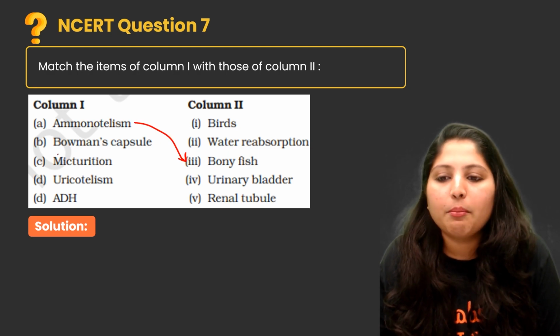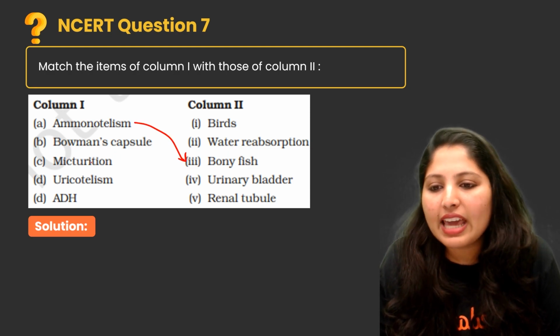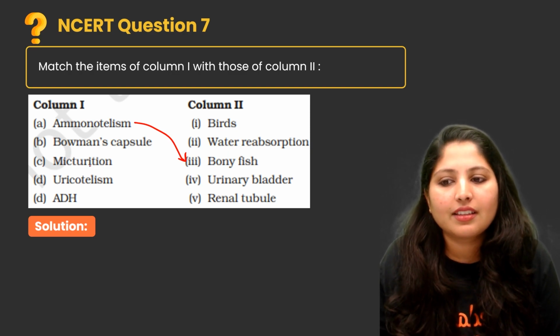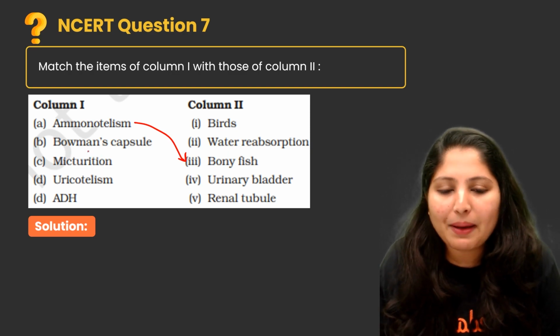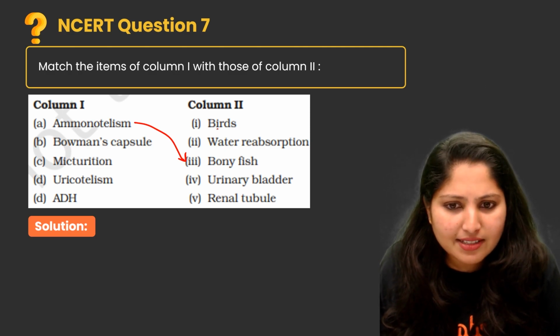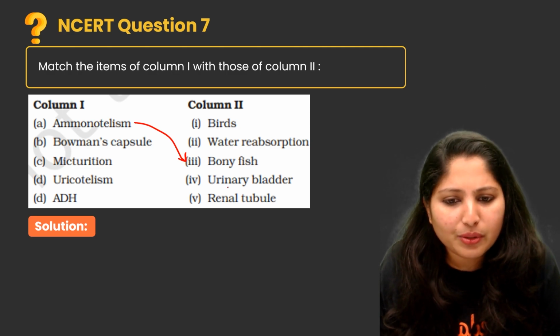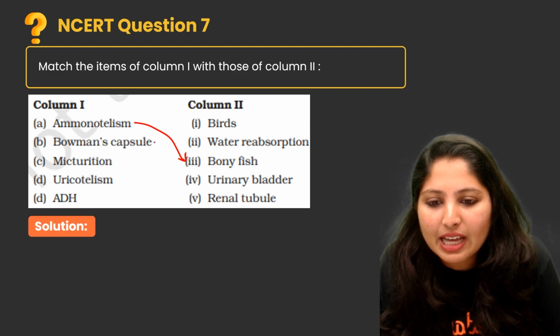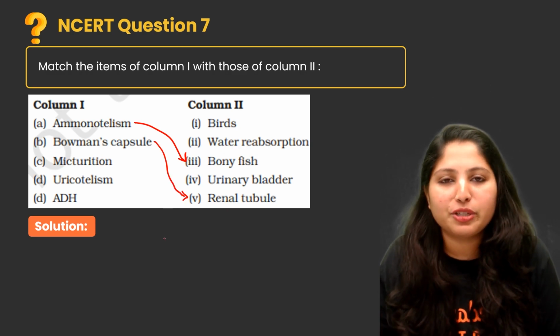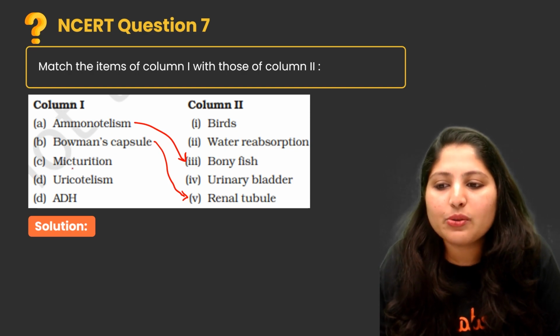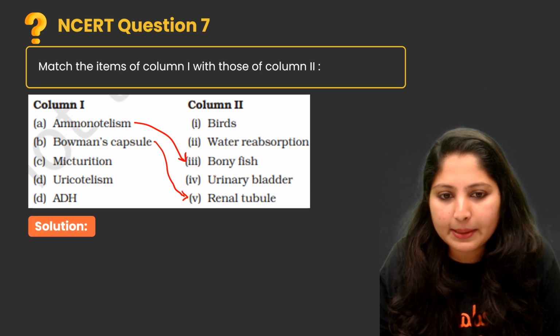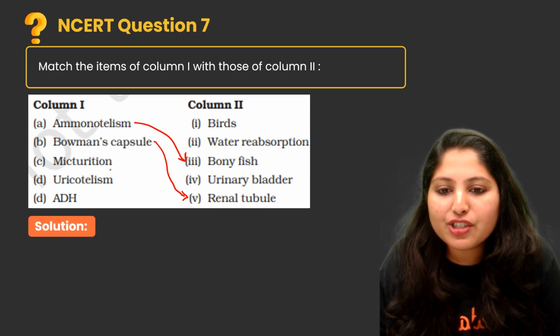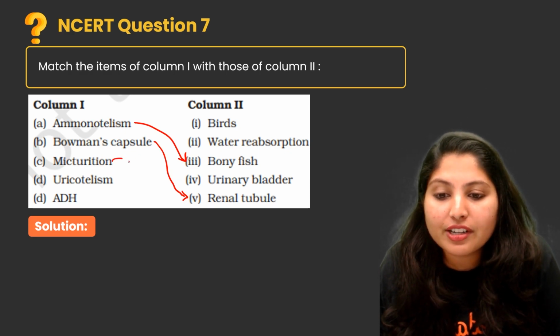Next one, Bowman capsule. Bowman capsule is a part of the renal tubule. Next one, micturition. Where is micturition going to happen?